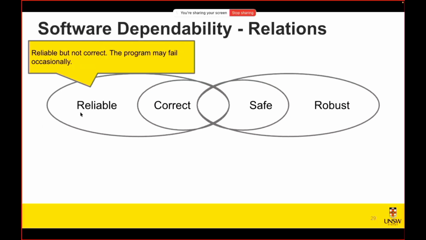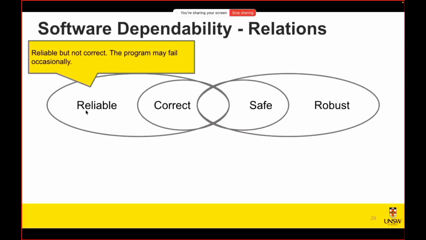And reliable means that the software can execute correctly during a period of time or a certain number of executions. So reliability means that the software appears to be correct whenever we are observing it, right?